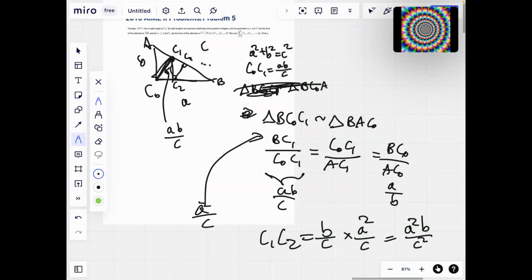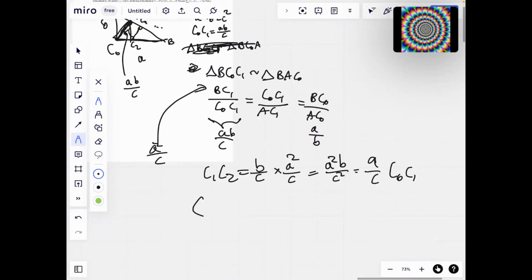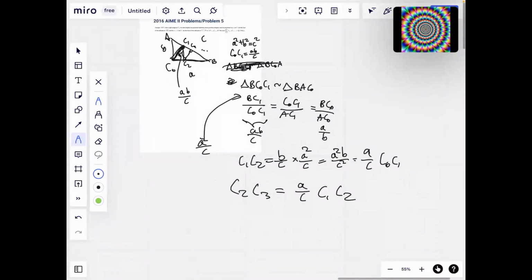So the ratio of their hypotenuses is A to C, which means that the ratio of their heights is A to C. So this is actually just equal to A over C times C0C1. Similarly, we can say that C2C3 is equal to A over C of C1C2. So this is actually a geometric sequence.